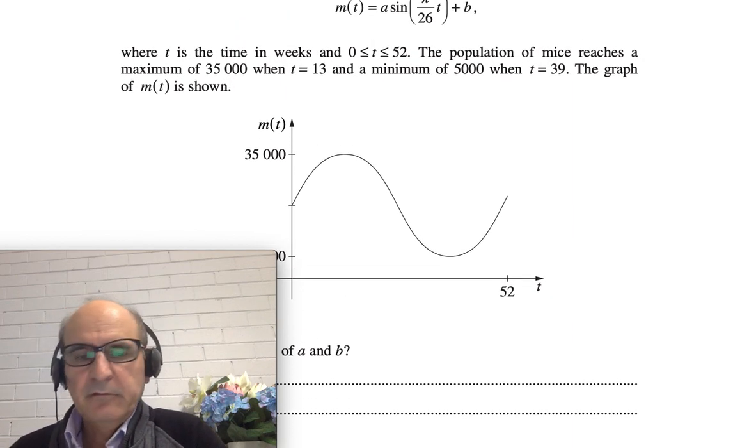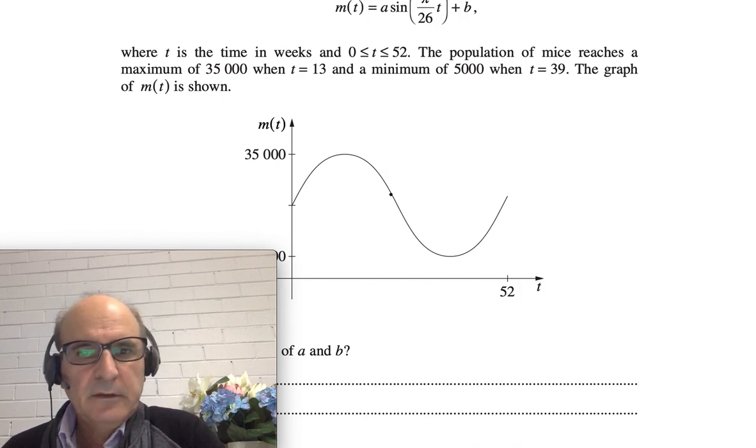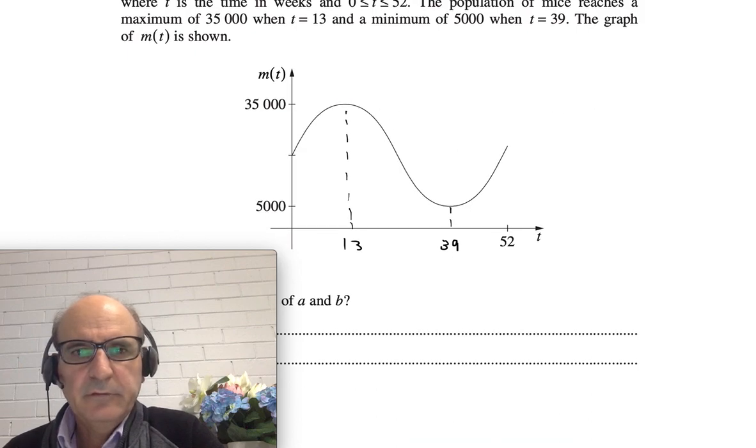Alright, based on what they have told us, we can say that this time is 13 and this time is 39, and the minimum is 5,000 and maximum is 35,000.